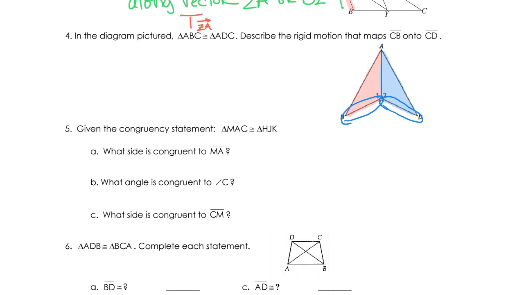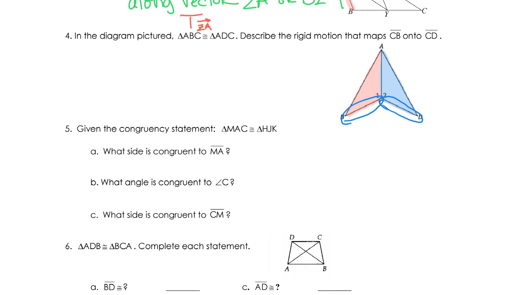All right, guys, I don't think I can slide it. If I slide CB, it's not going to be in the same direction CD is going in. So translation's out. If I reflect it, I can see how a reflection would map it on there. I can also see how I could rotate it on there.